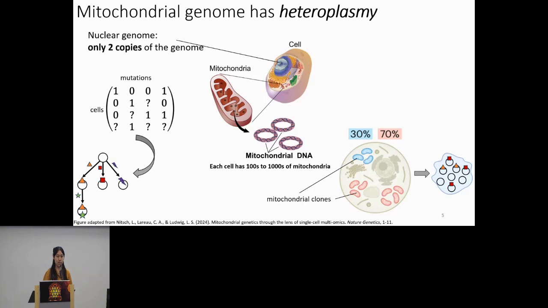Oftentimes, there are one or multiple mitochondrial clones with distinct mutational signatures present in every cell. For example, here we can see that the blue clone and the red clone could be in a 70-30 proportion.